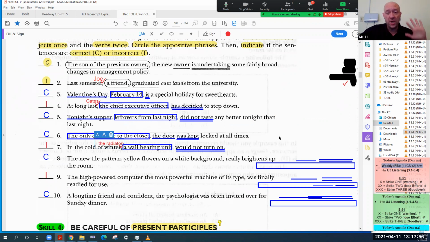Do any of you know anything about cars? Yeah, a little bit. When the car engine gets really hot, the radiator, but just a minute, the radiator has water inside.